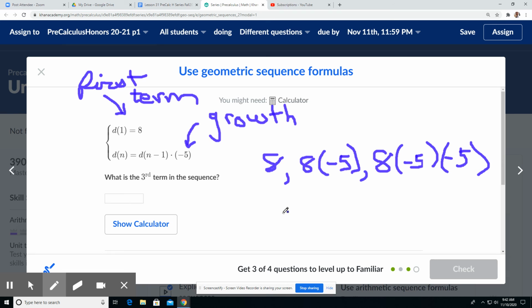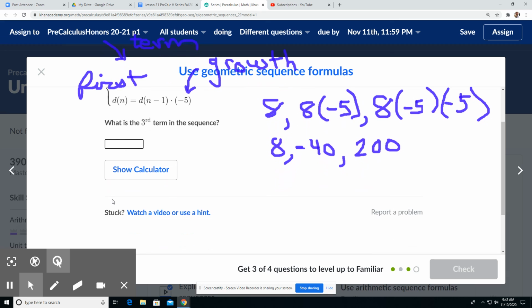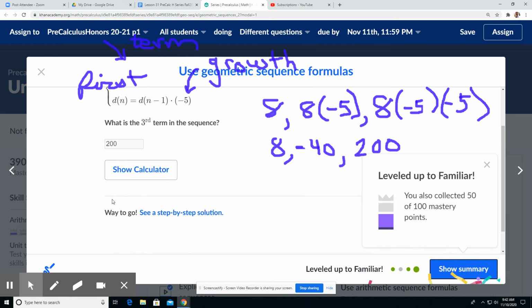This also starts setting up how we would look at this as a sequence or a series of patterns too. So 8, -40, and -40 times -5 is positive 200. Third term, 200. Okay.